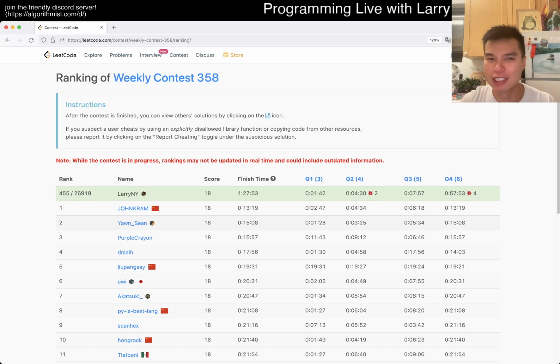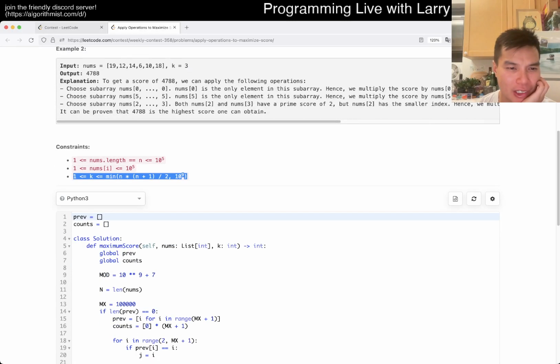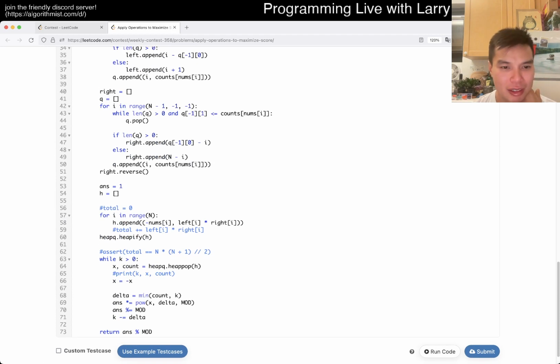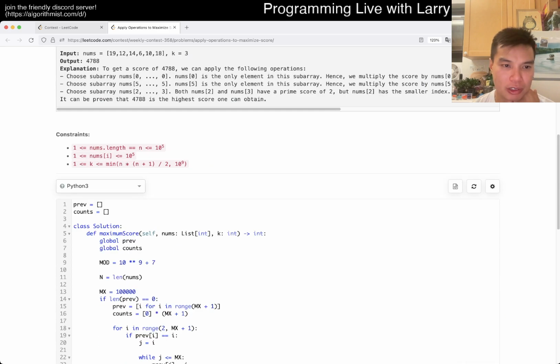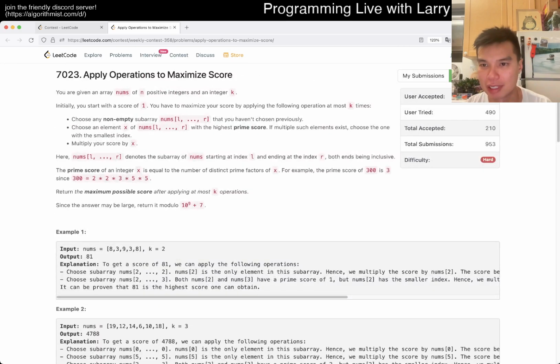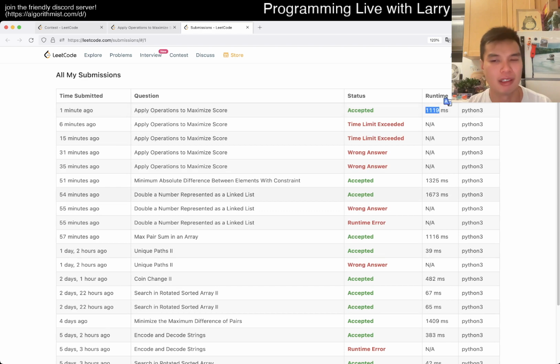To be frank, Q4 was fine. For some reason I kind of misread this constraint. I just kind of thought, oh wait, it's less than this. It should be fine. And then it became straightforward. And then this was the saddest part because I think I spent like 15 minutes on this and like 2 wrong answers, right? The 2 TLEs. Let me take a look at my submission times. Yeah, 1 second. Oh man.